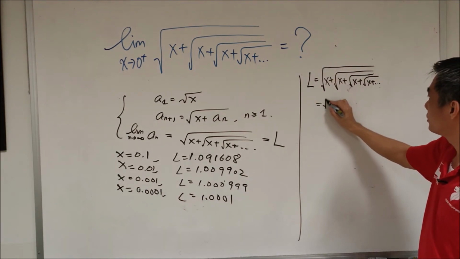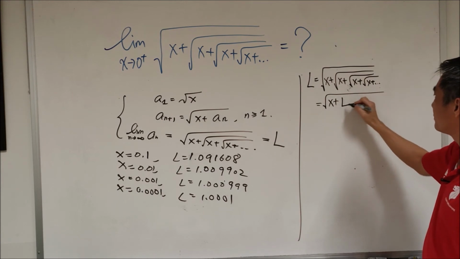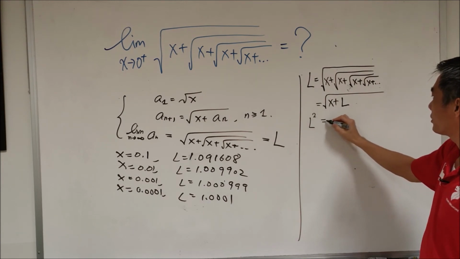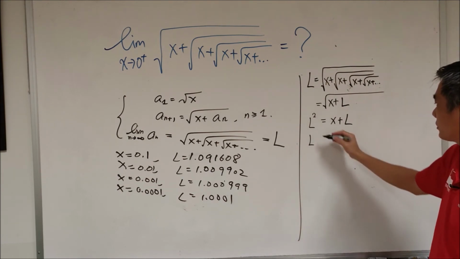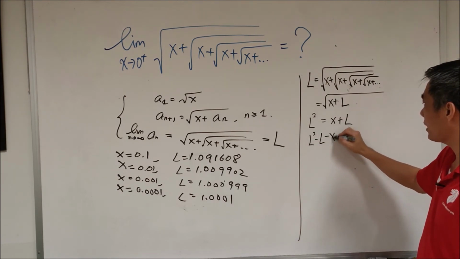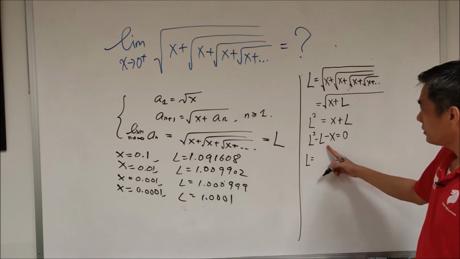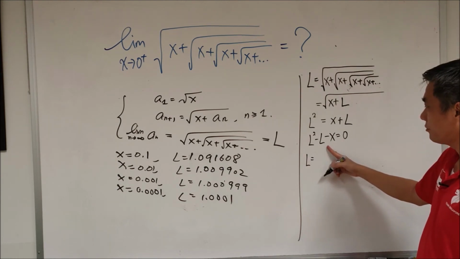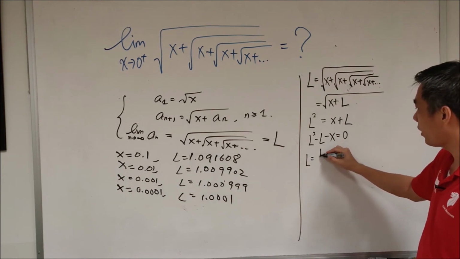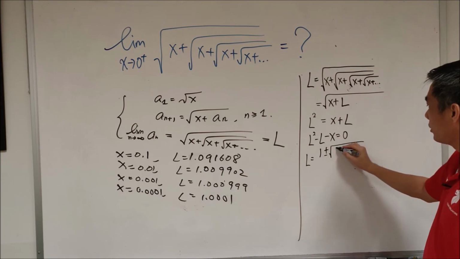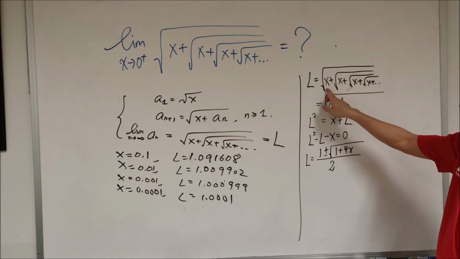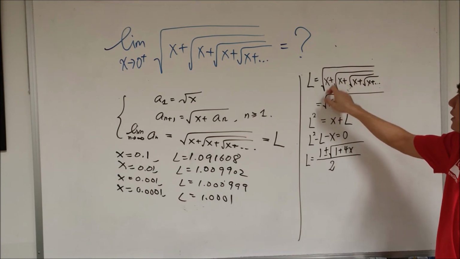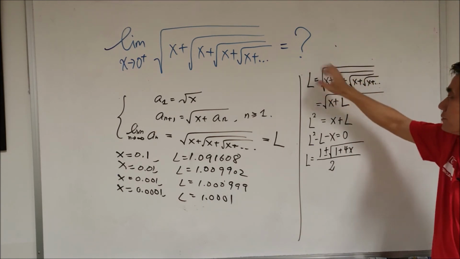Then this will equal the square root of x plus L. L squared is therefore equal to x plus L. Then L squared minus L minus x equals 0. From here, using the quadratic formula, we have L equals 1 plus or minus the square root of 1 plus 4x, over 2. Now note that x must be positive so that the expression is meaningful.